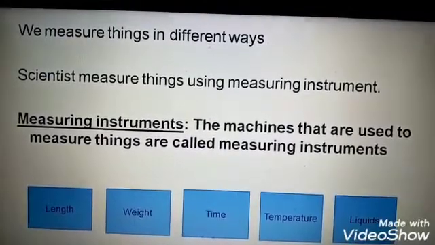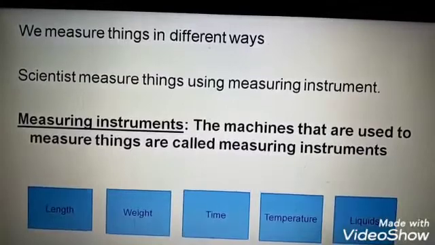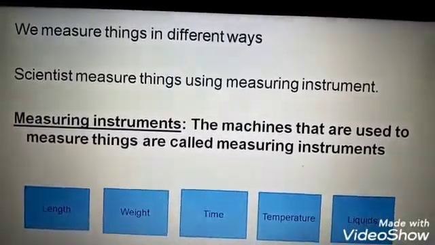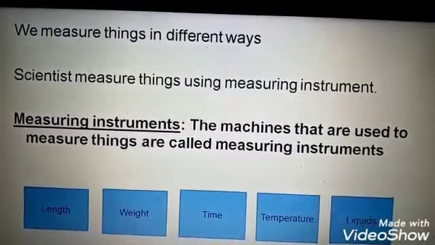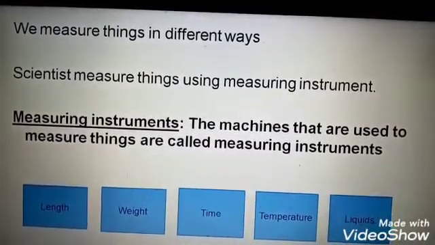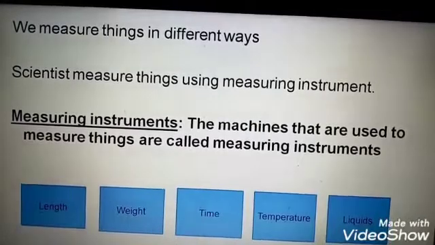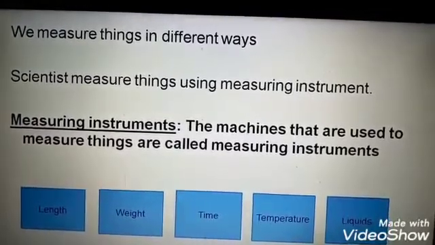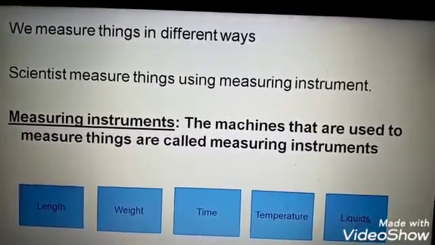Scientists measure things using measuring instruments. What are measuring instruments? The machines that are used to measure things are called measuring instruments.